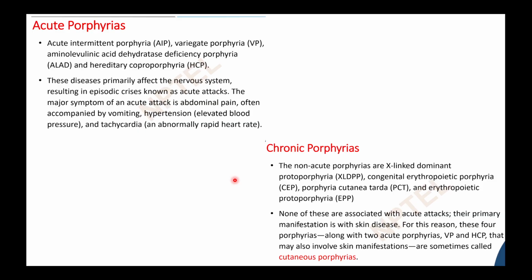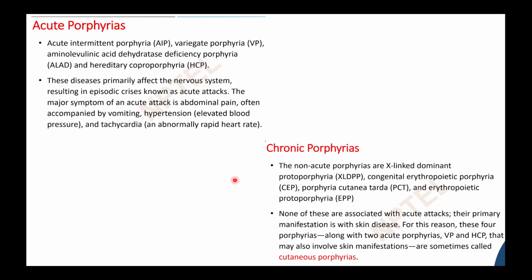These diseases primarily affect the nervous system, resulting in episodic crises known as acute attacks. The major symptom of an acute attack is abdominal pain, often accompanied by vomiting, hypertension, elevated blood pressure, and tachycardia, an abnormally rapid heart rate.